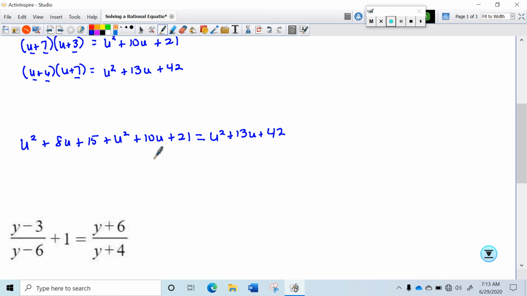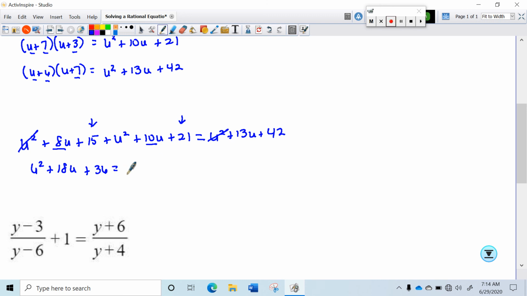Okay, before I start combining like terms, if something's on one side the same as the other side of the equal sign, they actually cancel each other out. So this u squared can cancel with this u squared, and that makes it a little bit easier. In front of my equal sign, I've got u squareds. For my u's, I've got 8 plus 10 is 18u. My constant is 15 plus 21 is a positive 36.